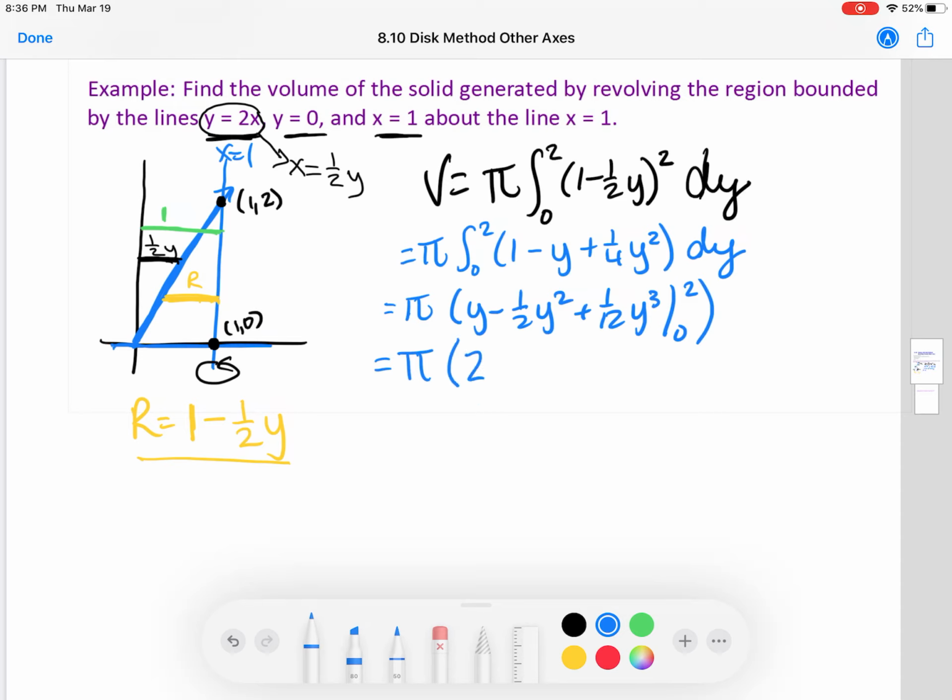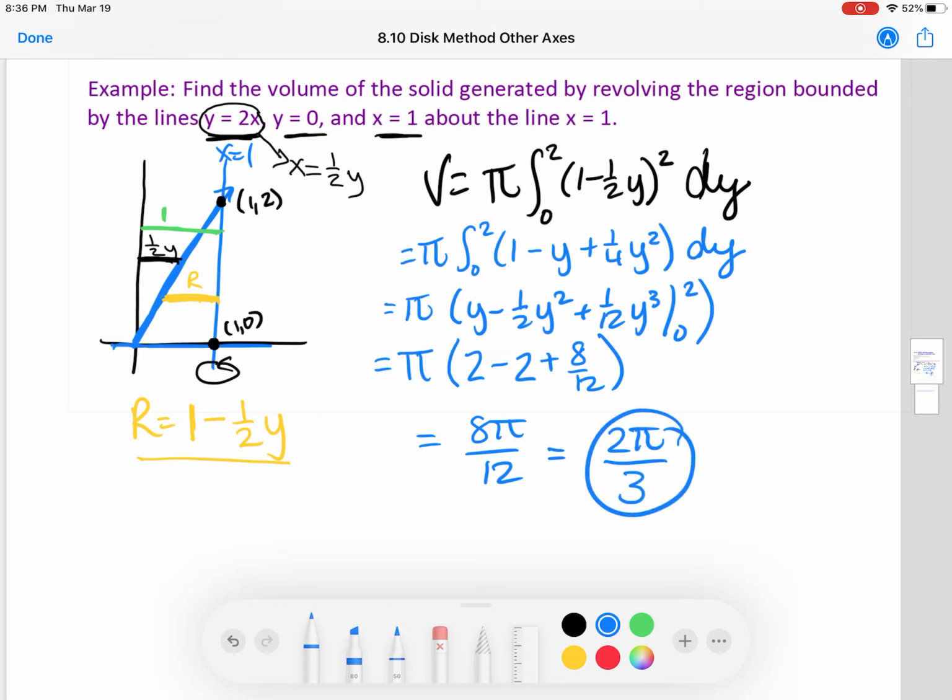Plugging in 2, 2 minus half of 4 is 2, plus 8 over 12. So 8 pi over 12, which simplifies to 2 pi over 3 as our volume of that cone. And because we know it's a cone, if you use the volume formula for a cone, you will also get 2 pi over 3. So it's a good way of checking, since we can in this case.